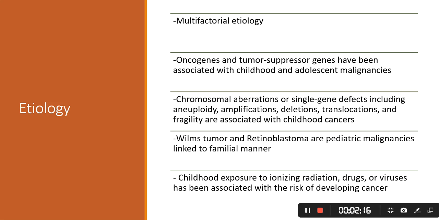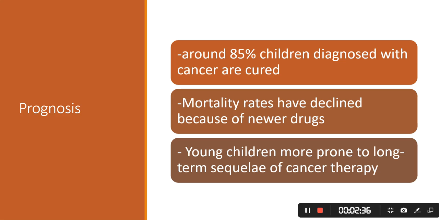Wilms tumor and retinoblastomas are examples of the pediatric malignancies, and they are generally familial. So if one child has it, there is a higher chance that the other child also has it. Childhood exposure to ionizing radiation, drugs, or viruses has been associated with the risk of developing cancer.